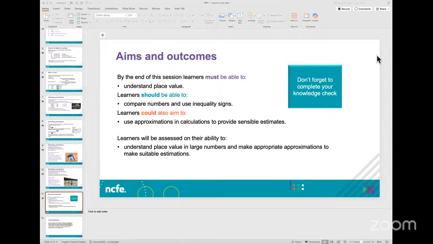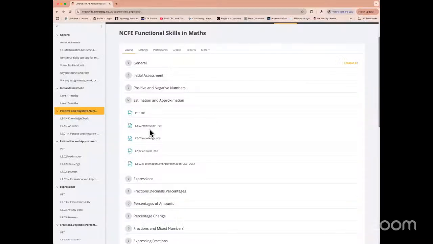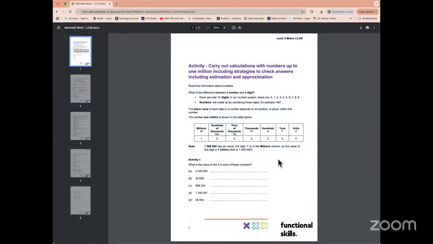So in the Moodle, if I take you, there are 1 or 2 exercises that I put for you to look at. This is a particular exercise that I put as an activity for you to do to understand what we've covered today.